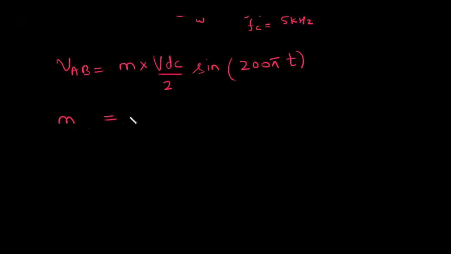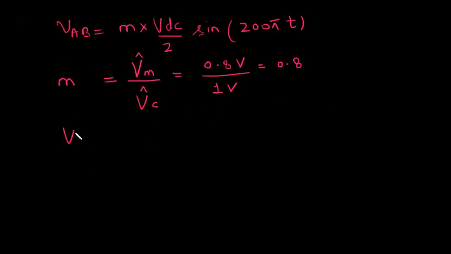So the modulation index M is nothing but peak value of modulating signal divided by peak value of carrier signal. The peak value of modulating signal is 0.8 volt and peak value of carrier signal is 1 volt. So modulation index is 0.8. And you know VDC by 2 is 250 volt.